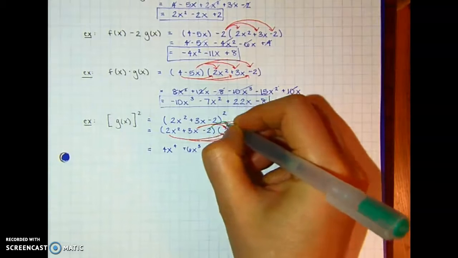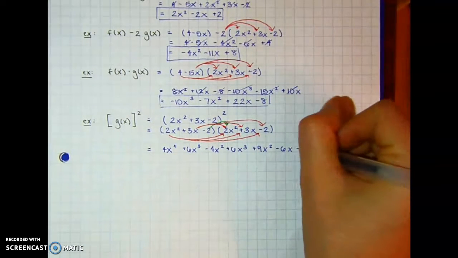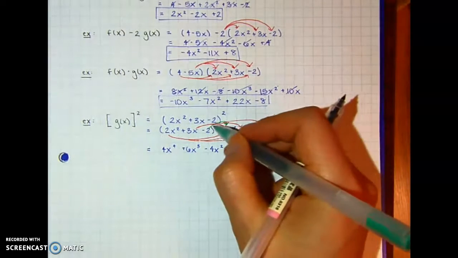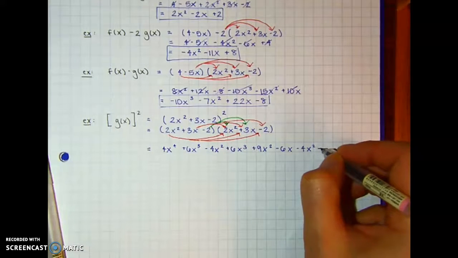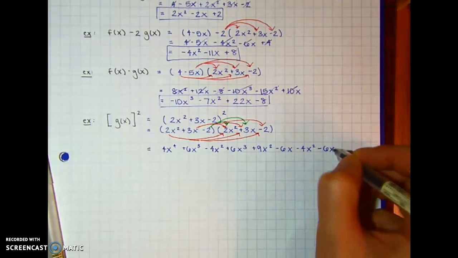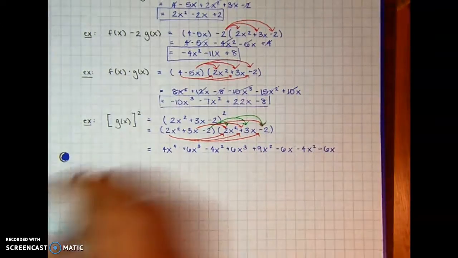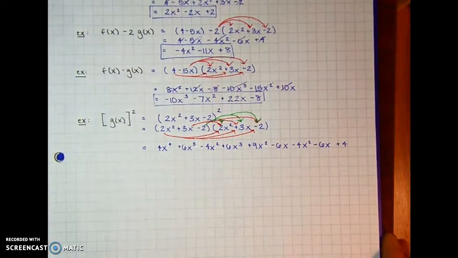So negative 2 times 2x squared will be negative 4x squared. Negative 2 times 3x, negative 6x. And then negative 2 times negative 2 will be positive 4. Oof!